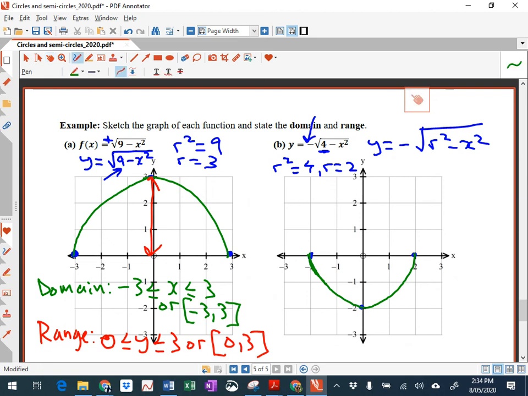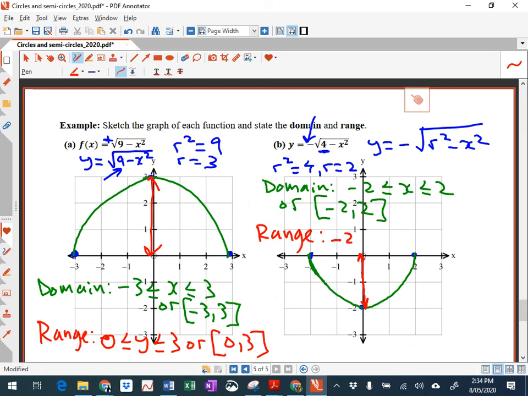Okay, what about over here? We could say the domain, right, first it's between minus 2 and 2, so that's how you write it down with the single inequality expression, or you could write it as this, minus 2, 2. And then the range is between 0 and minus 2, isn't it?